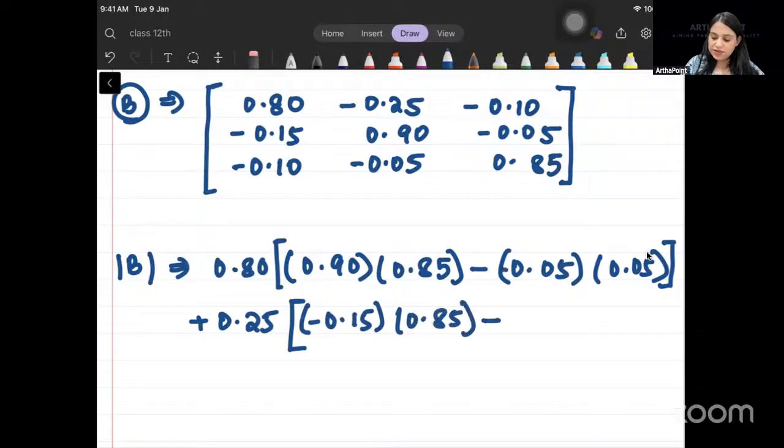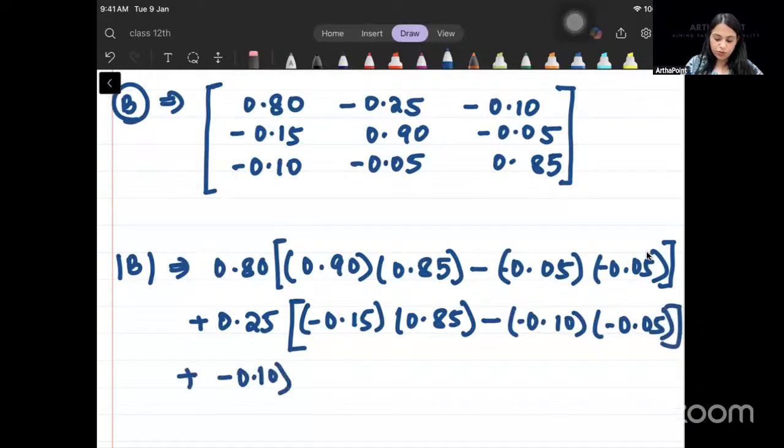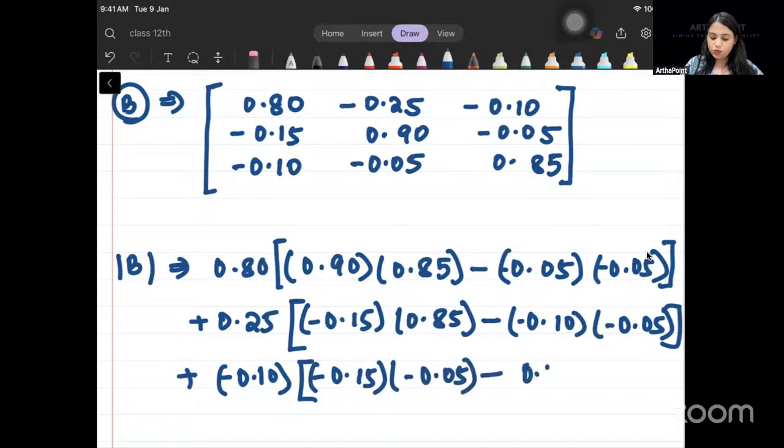You can put a minus here for now. I negated क्योंकि दोनों minus plus हो जाते, but just keep it. So minus 0.10 into 0.05, then plus minus 0.10 minus 0.15 into minus 0.05 minus 0.10 into 0.90.